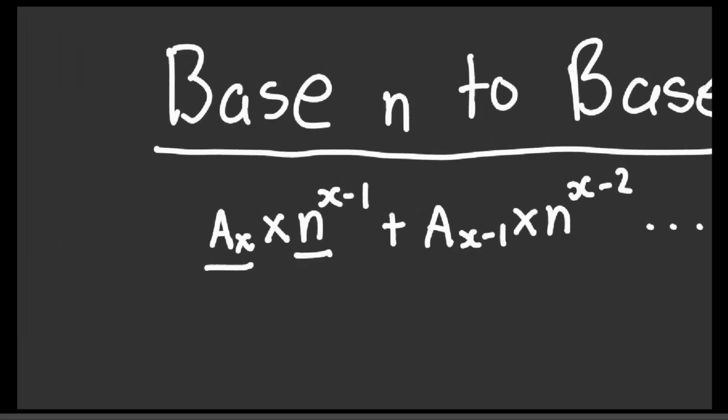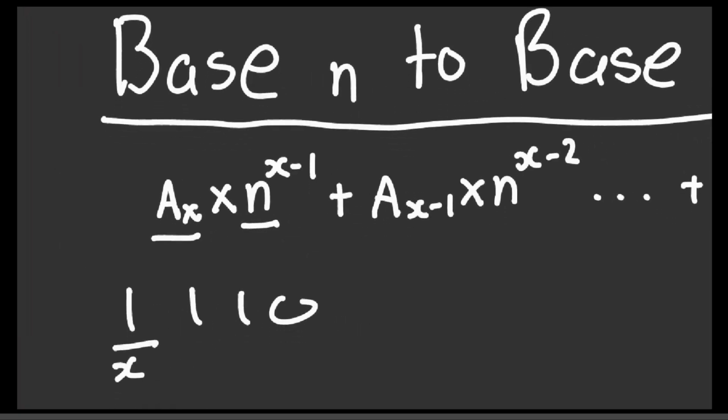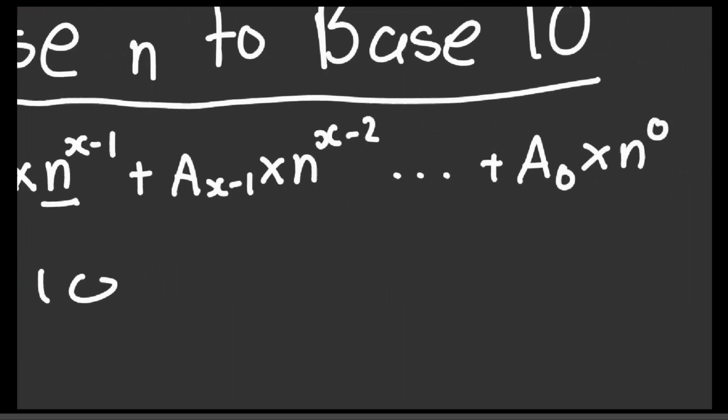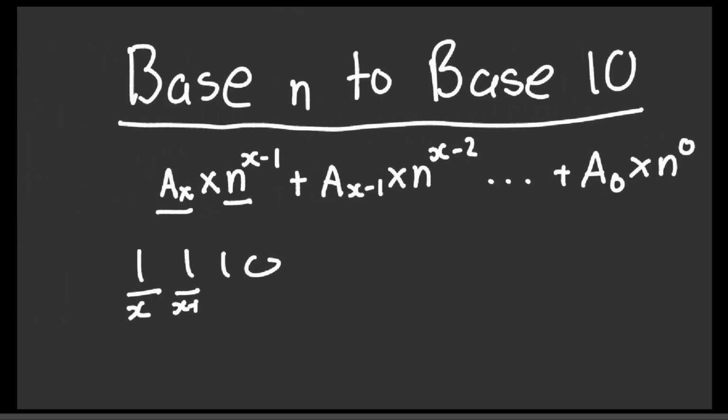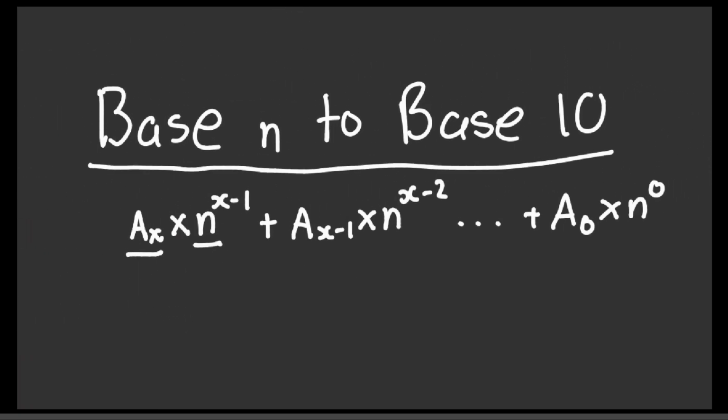Before, for the binary number, it was again 2, to the place it is. In the number that we had before, this was your x place, so it'd be whatever place this is minus 1, and you add that to a_(x-1), this number right here, times n to the x minus 2, and you do that all the way until the right side. And that's how you convert any number in any base to base 10.